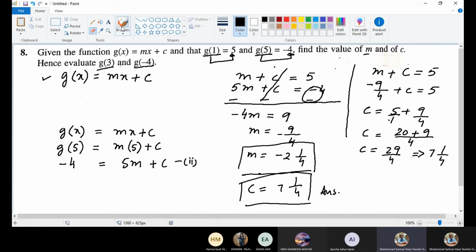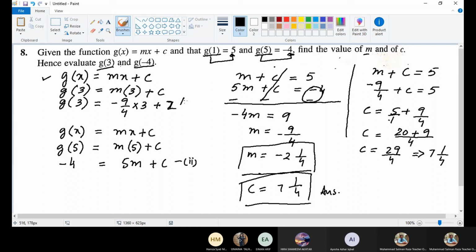So I'll write g of 3 as m of 3 plus c. The value of m is minus 9 over 4 into 3 as it is, plus the value of c, 7 whole number 1 over 4, or 29 over 4.